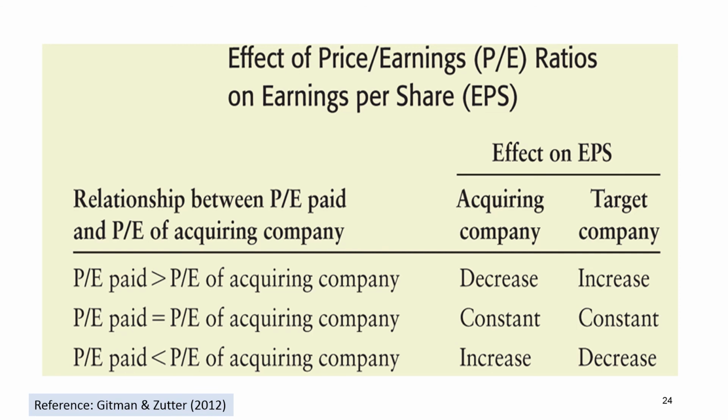In contrast, if the PE paid is lower than the PE of the acquiring company, it will be an advantage for the acquiring company. Therefore, the EPS of the acquiring firm will increase. A good balancing point for the merger negotiation for the acquiring firm is to bargain at a purchase price where the PE paid is close to the PE of the acquiring company.